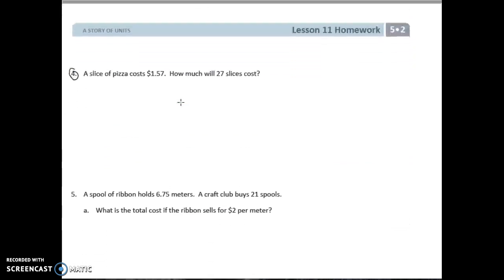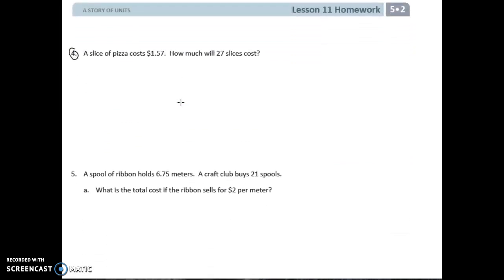Let's take a look at one word problem, and then we'll take a look at the homework. So if one slice of pizza costs $1.57, how much will 27 slices cost then? So we can look at this as an estimate. Think of it as $1.50, right? And if it's 27 of them, that's pretty close to 30, isn't it?